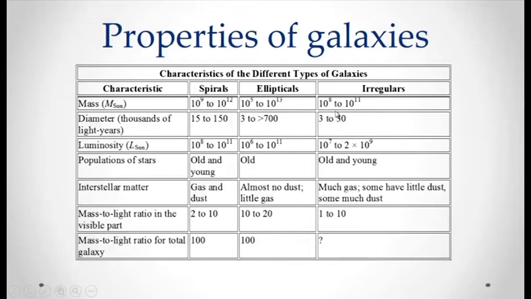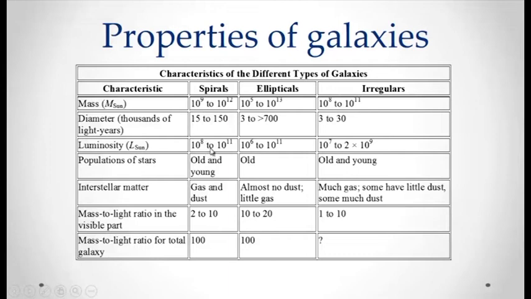For irregulars, the mass of those galaxies will be 10^8 to 10^11 times the mass of the Sun. The diameter of a spiral galaxy will be 15 to 150 light years. Elliptical galaxy diameter will be 3 to 700 light years. 3 to 30 light years is the diameter of an irregular galaxy.